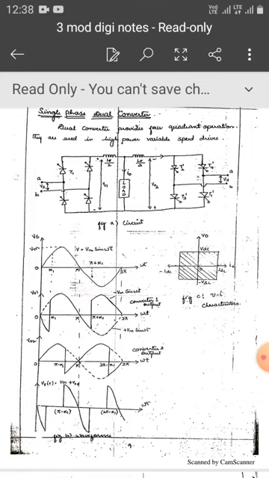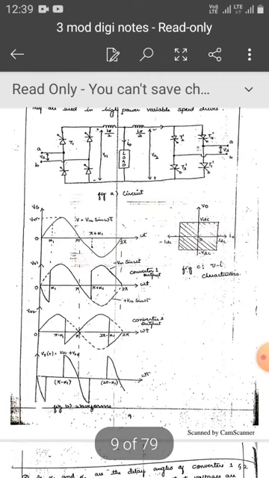Figure shows the circuit diagram of a single phase dual converter. The first converter has the output VO1 and it operates in the rectification mode, that is alpha is less than 90 degrees. The second converter has the output VO2 and it operates in the inversion mode, that is alpha is greater than 90 degrees.